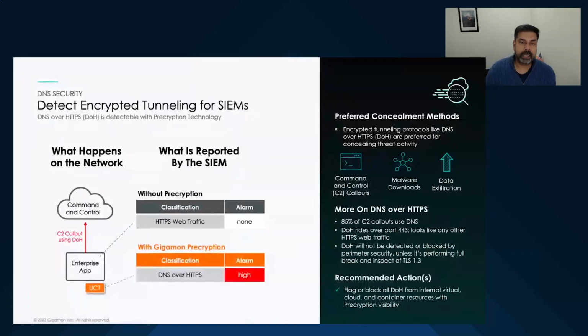So the third use case is detecting at a deeper level the traffic that's going into your SIMs. SIMs are amazing for getting the breadth of communications by ingesting log files, right?